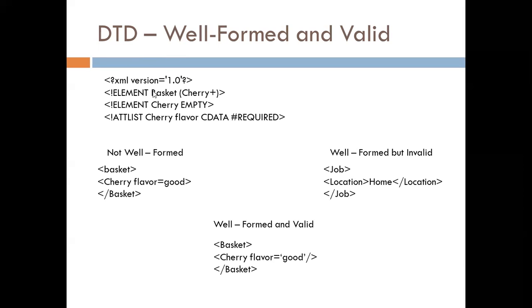In the DTD we have only basket and cherry elements, whereas here we have job and location. That's why it is invalid. Next, here is another example, basket and cherry with an attribute flavor, which is compulsory in cherry, and basket should have at least one cherry element. This attribute also has quotes, which makes it well formed and valid.